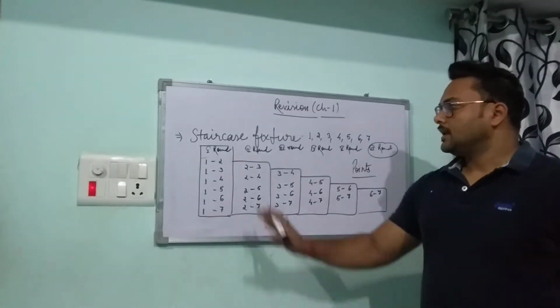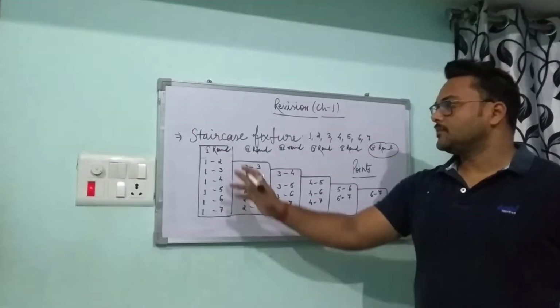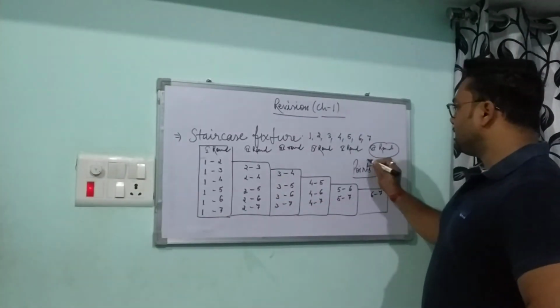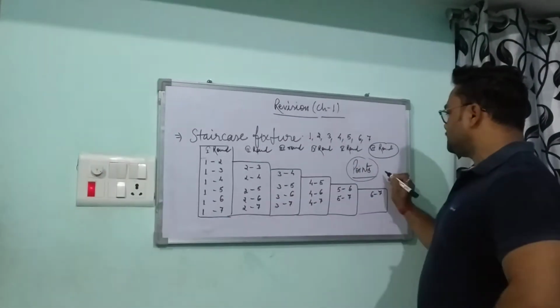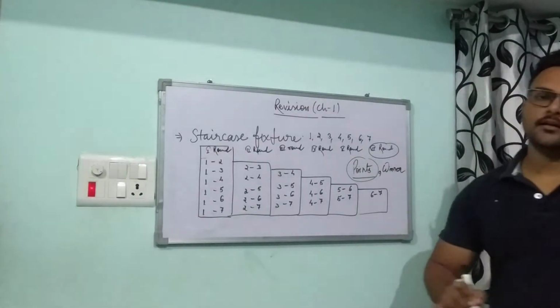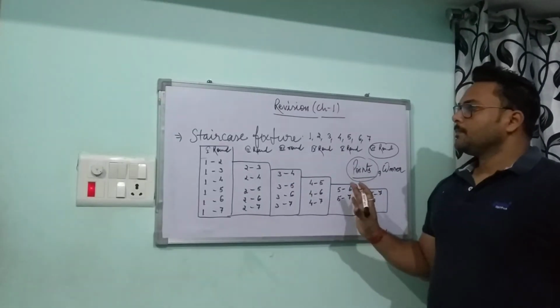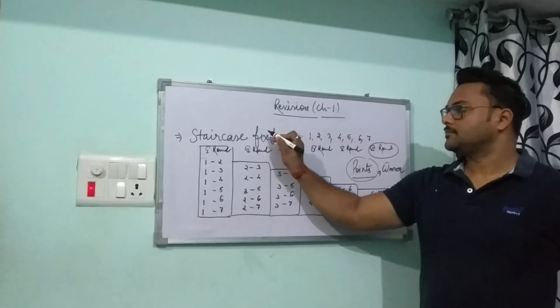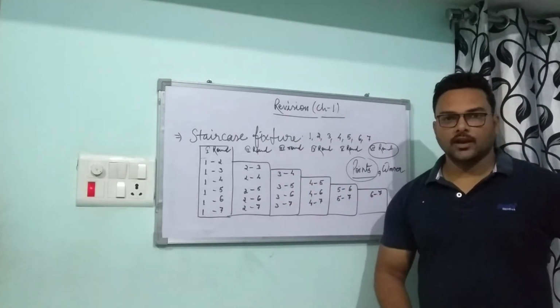If there is a loss, the winner will get 2 points and the loser will get 0. So on the basis of points, we decide the winner. This is the way to arrange the teams in the staircase fixture. I hope you all have understood.